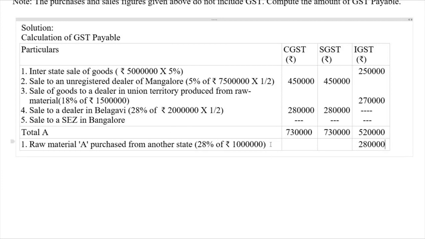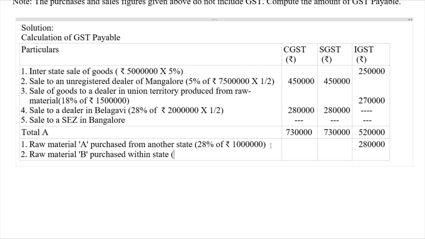Then next number 2 here, that is raw material B purchased within the state.